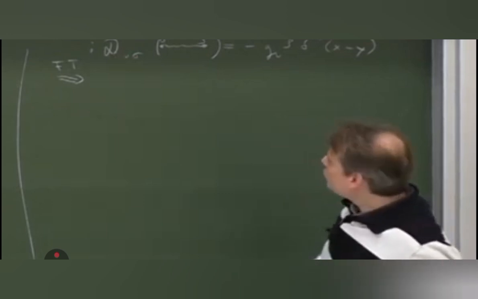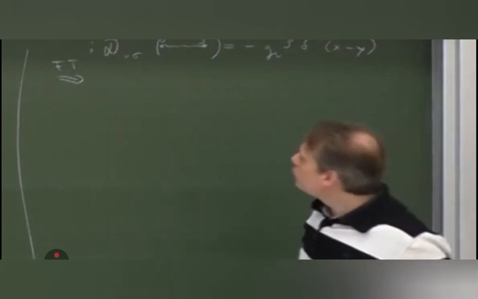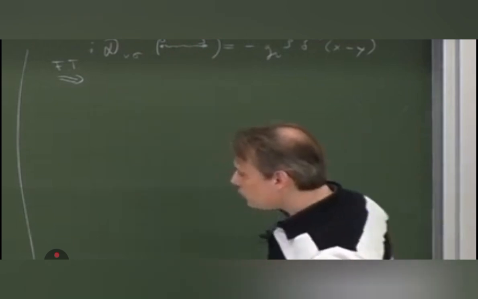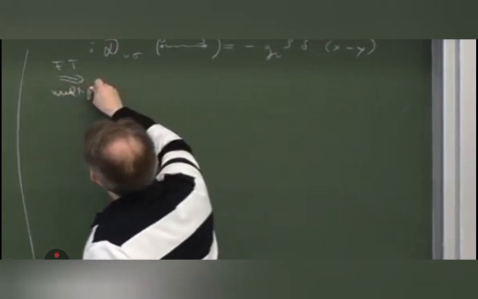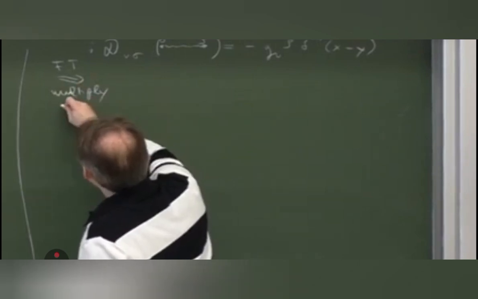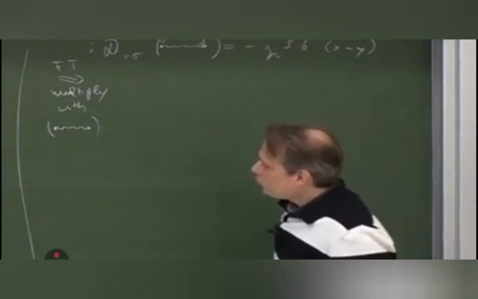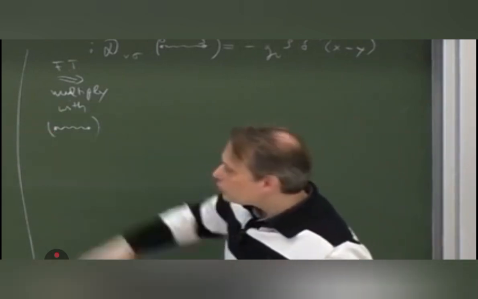So we can multiply with the inverse of that differential operator, which is the tree-level propagator in momentum space. So we multiply the equation with the tree-level photon propagator on both sides of the equation. And what do we then get? Then we get exactly the equation in the box.